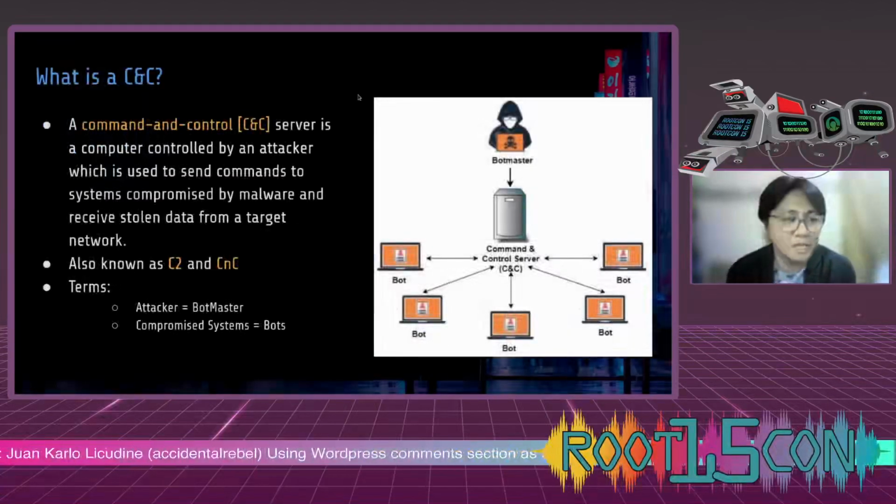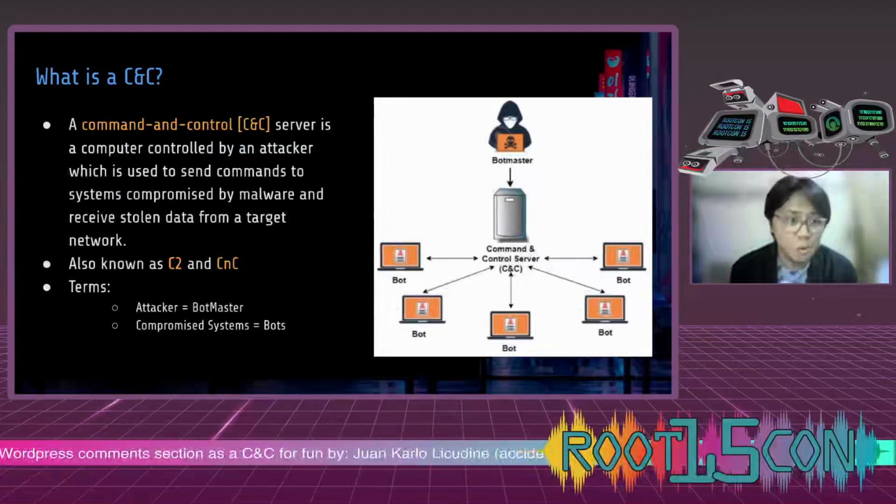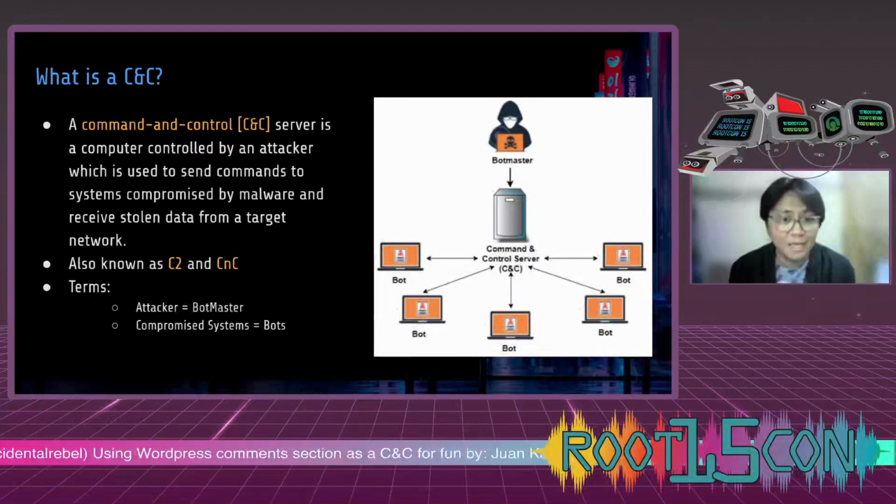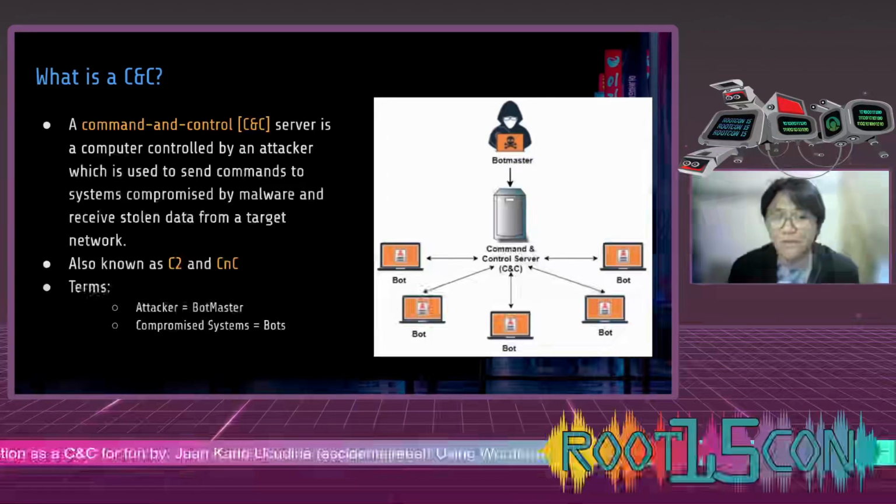Before we start, I just want to talk about what a CNC is. For those who don't know, a CNC is command and control. This is a computer controlled by an attacker, which is used to send commands to systems that are compromised by malware. And this is also the place wherein they receive the stolen data from a target.